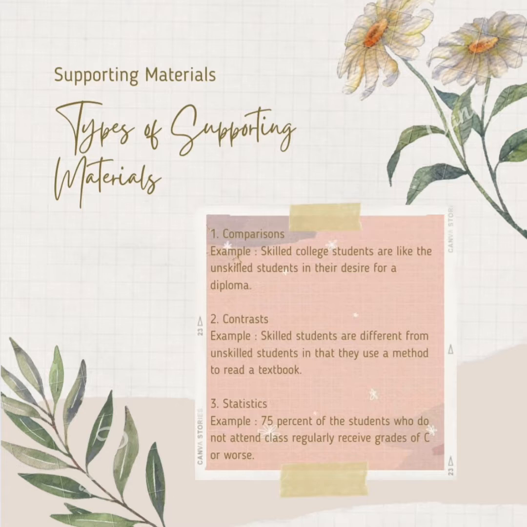So for the third material, that is statistic. Statistic is the collection, analysis, comparison, and interpretation of numerical data, and most of the result is numerical data. For example, 75% of students who do not attend class regularly receive grades of C or worse.